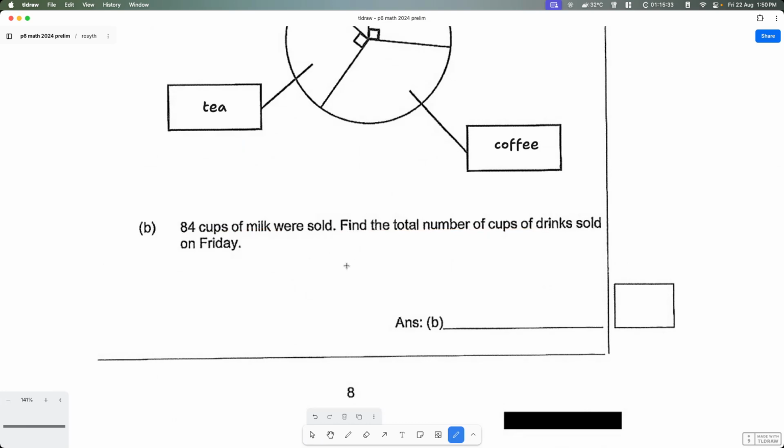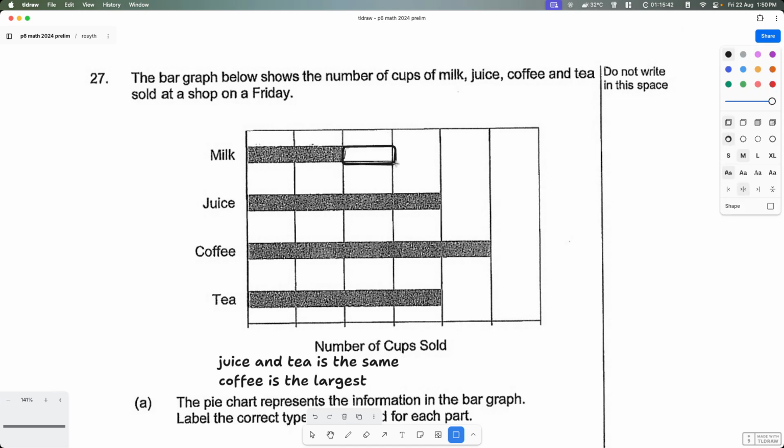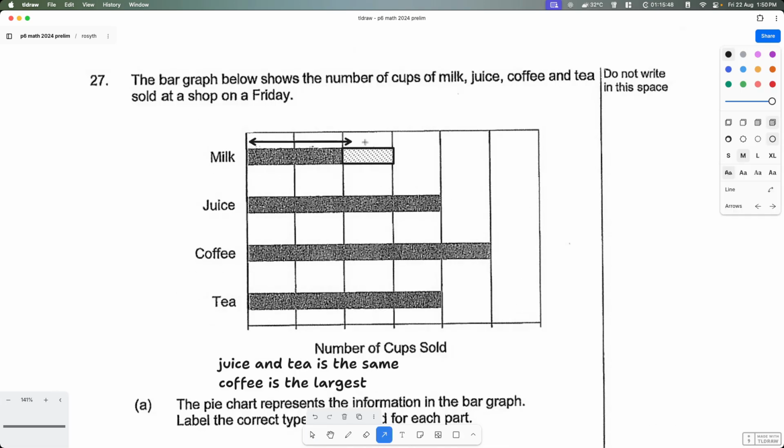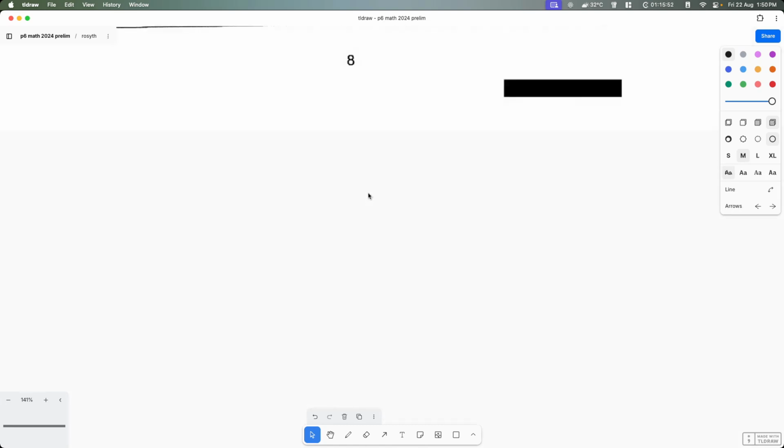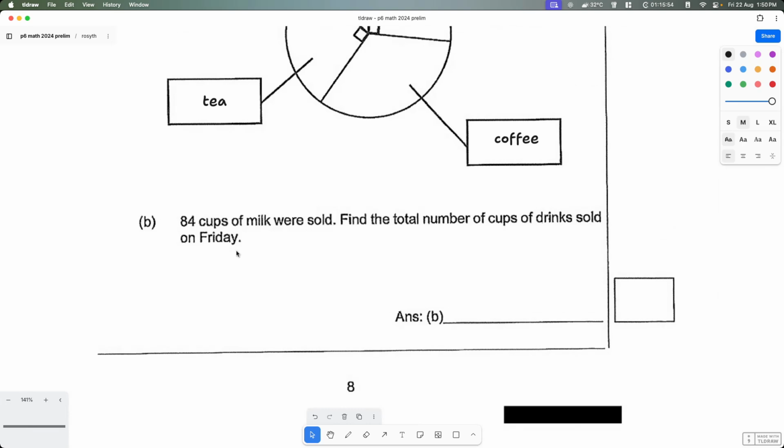Find the number of cups of drinks sold on the Friday. So milk over here is like another one. So milk is over here, 3 units. So milk is equal to 3 units, so 3 units is equal to 84. Find the total number of cups sold on Friday.